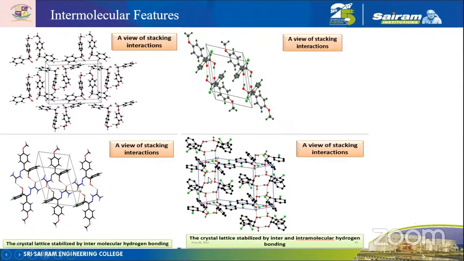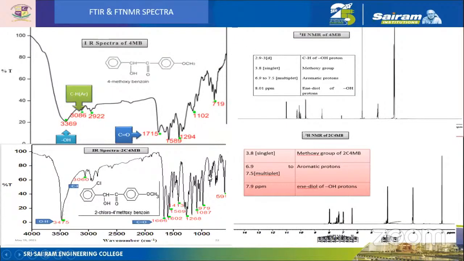Then I wanted to confirm my compound with IR studies. This is the IR spectra, infrared spectra, to confirm my compound. See, this is my structure. I want to confirm whether the functional groups are present. I got a peak around 3369, which says there is no OH group.